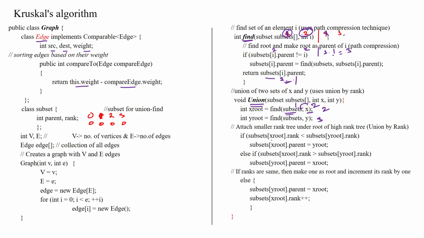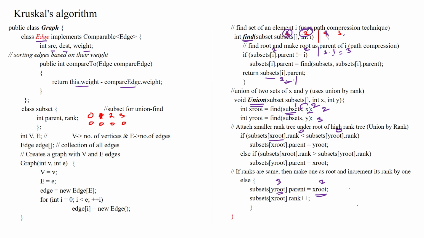Then we are checking the x root rank. For both, the rank is 0. If it is not the root, which is false, so x root is assigned as the parent for y root. So for 3, which is y root, 2 is the parent.